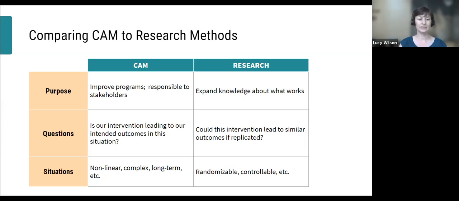In my experience, resistance or pushback to complexity-aware monitoring usually happens at a theoretical level. When the specific use scenario is vague, it can be easy to argue for more rigorous approaches. But when you take a specific intervention or situation or specific question that you want to address, using CAM approaches suddenly makes more sense. And as a reminder, complexity-aware monitoring and other approaches, including research, can be combined together to answer various questions. Next.